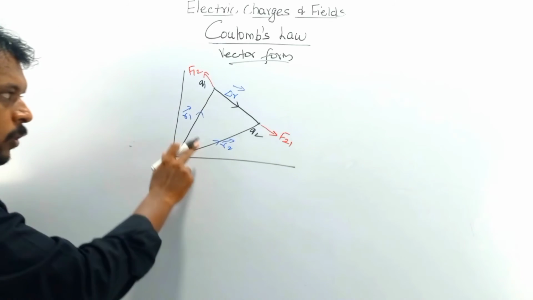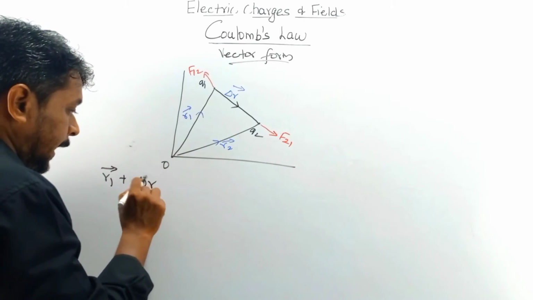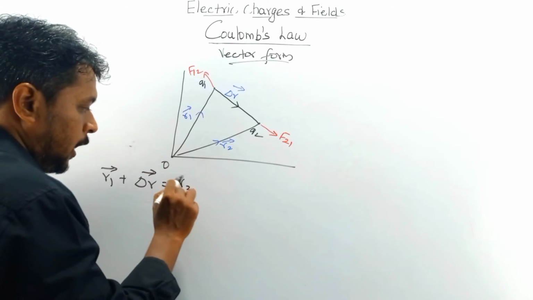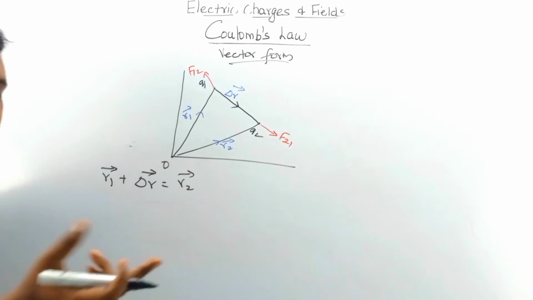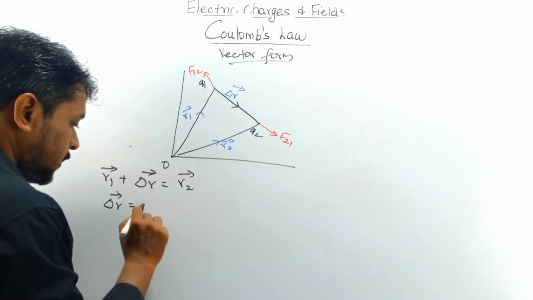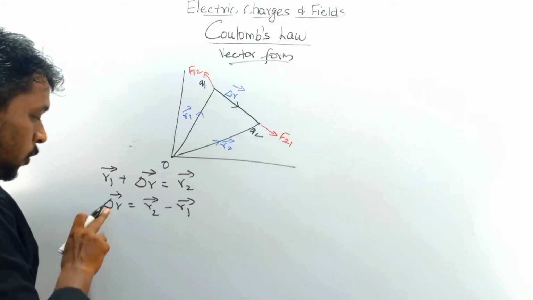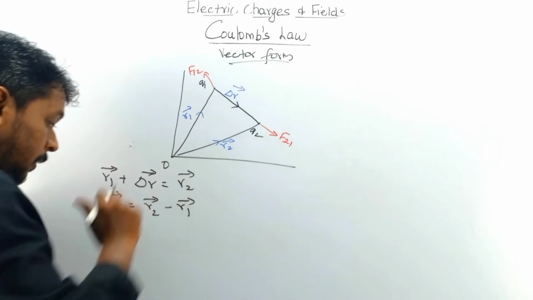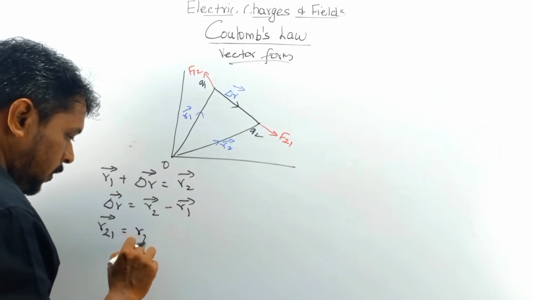So r1 vector plus delta r vector is equal to r2 vector. So delta r vector can be rewritten as r2 vector minus r1 vector. Here delta r is nothing but r21 vector.